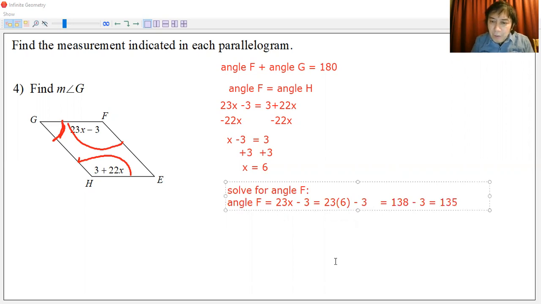So our angle F is equal to 135 degrees. This is angle F.